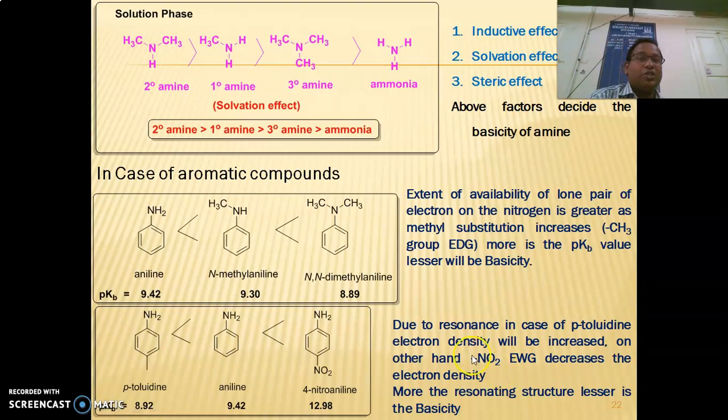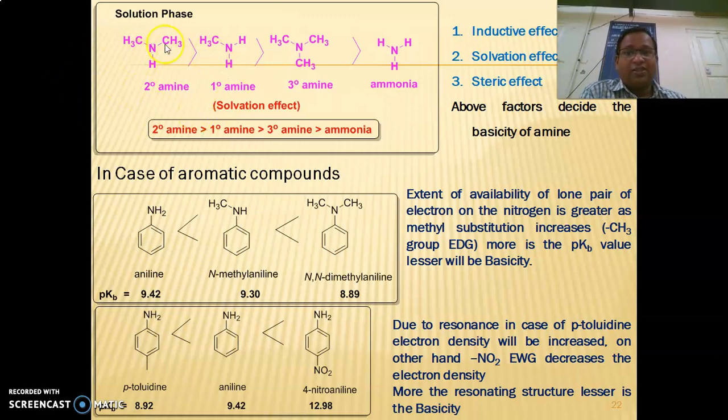Coming to the solution state, we know that molecules are very close to each other by means of hydrogen bonding, because hydrogen bonding is greater in amines: the highly electronegative nitrogen is bonded to the less electronegative hydrogen and forms hydrogen bonds. So intermolecular hydrogen bonding is possible in the solution state, but not in the gaseous phase.